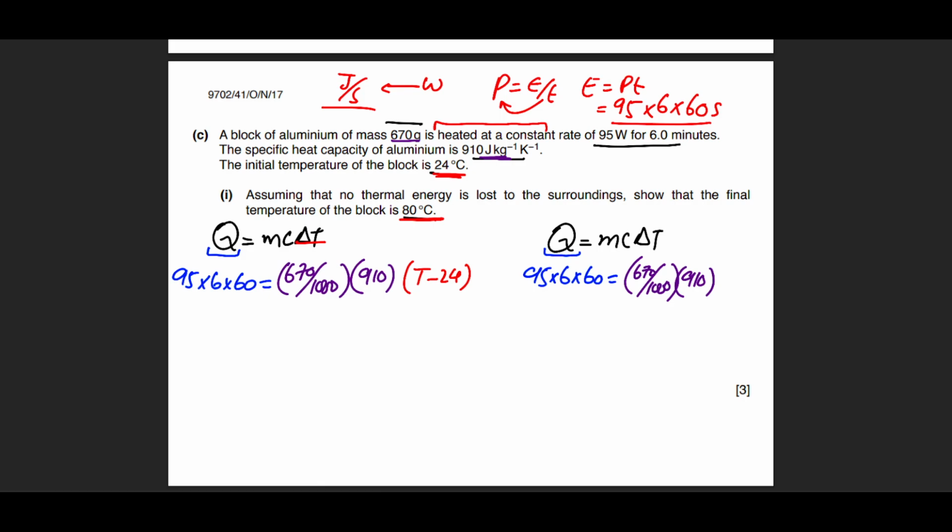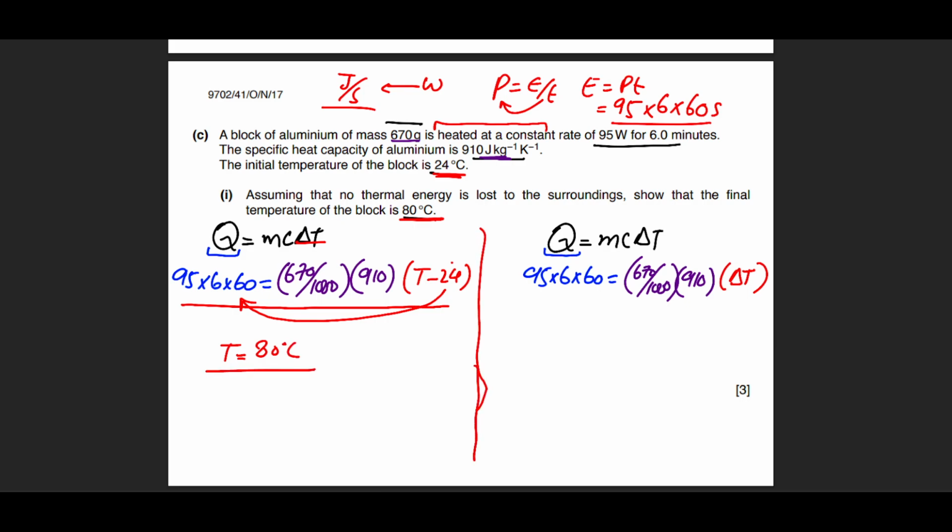Or I can simply write down change in temperature as it is. When you solve it algebraically, this 24 is going to go to the other side of the equation and get added to the value that you find, eventually leading to the value of T being equal to 80 degrees centigrade, right? This is one way of looking at it.